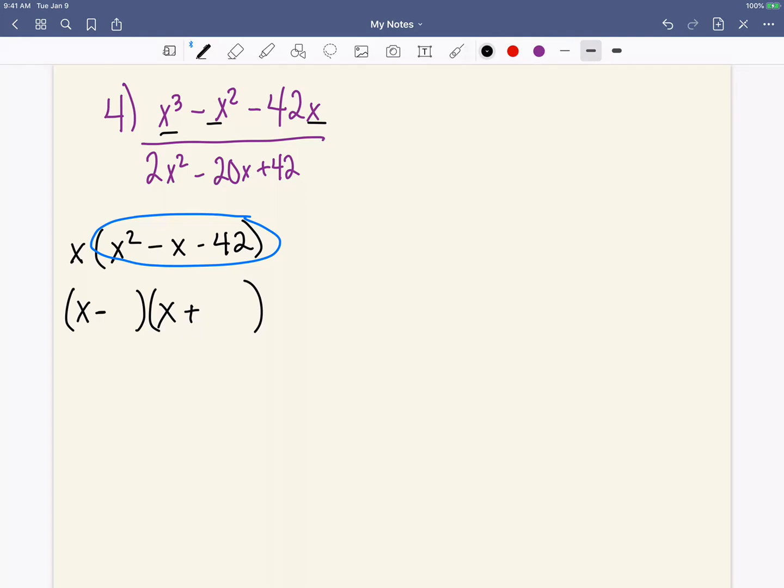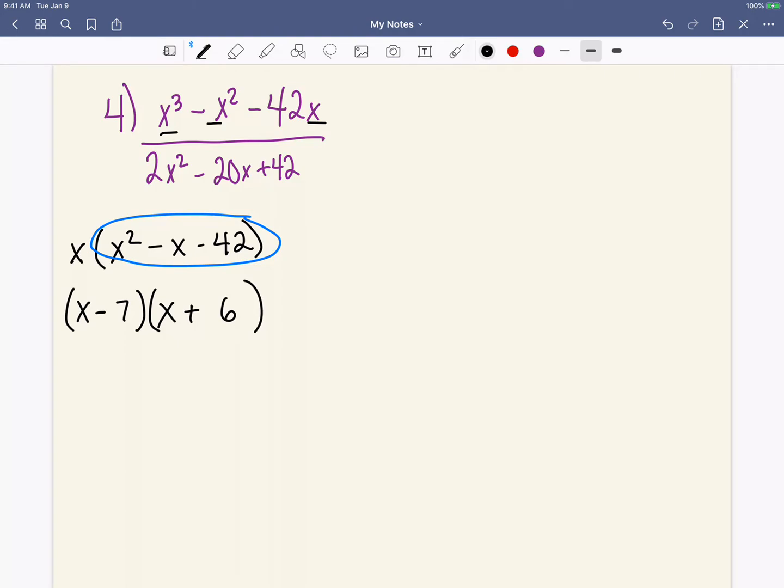And then the two factors that add up to 42 should be, let me check them out, it should be 4 and 7. I mean 6 and 7. Yeah, 6 times 7. If I'm looking for a negative, my larger number is going to be with the negative. So that's the shortcut way. If you know the shortcut way, you could do the shortcut way.